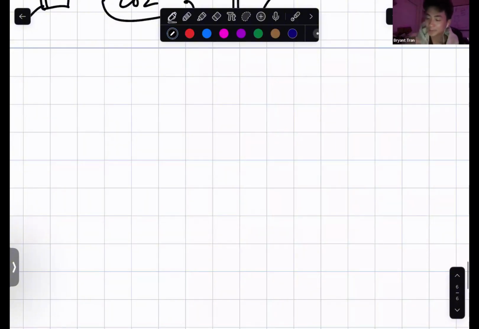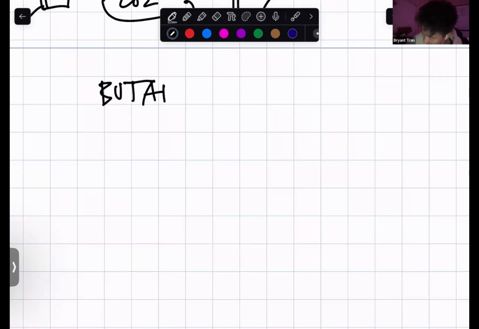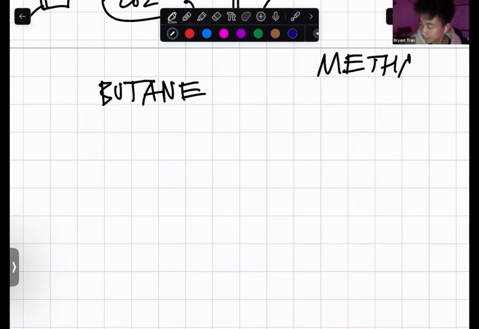So, let's start off with drawing butane. How would you draw butane? In bond line form. One carbon would be methane, right?